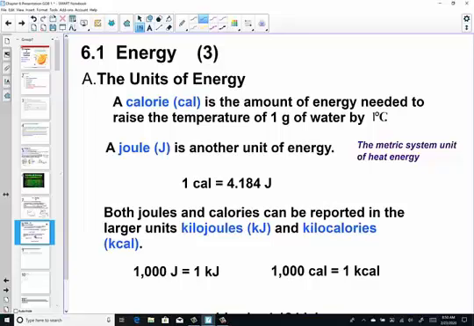So these units of energy I've been saying, one is known as a calorie, and you can abbreviate that with a small c, or some people will write out CAL for calorie. We define that to be the amount of energy needed to raise the temperature of 1 gram of water by 1 degree Celsius. So a small case calorie: how much energy is needed to raise 1 gram of water 1 degree Celsius.